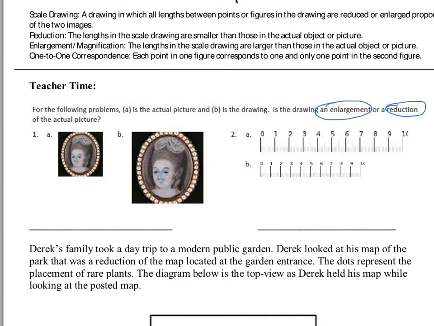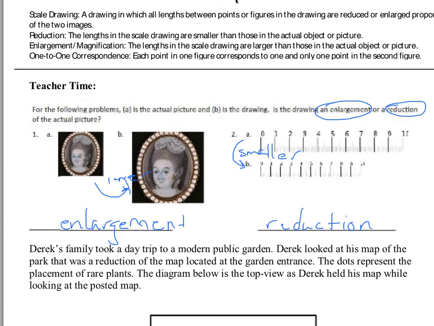So when we're looking at this, enlargement means to make larger, reduction means to make smaller. So when we look at this, we're going from A to B, we're making it larger, which means this is an enlargement. And if we go from A to B, we're making it smaller, which means this is a reduction. Now when we're talking about enlargements and reductions, we always talk about keeping them in scale. So what does it mean for something to be in scale?